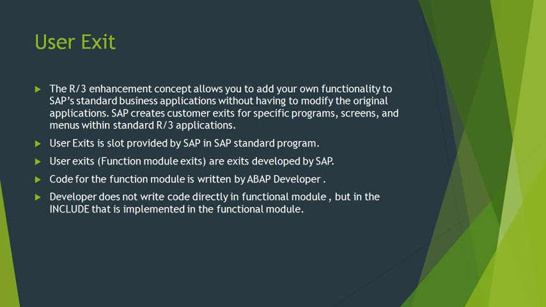So what is user exit? User exit allows you to add your own functionality to the SAP standard business application without modifying the original application. So user exit is basically a slot provided by SAP in the standard program.